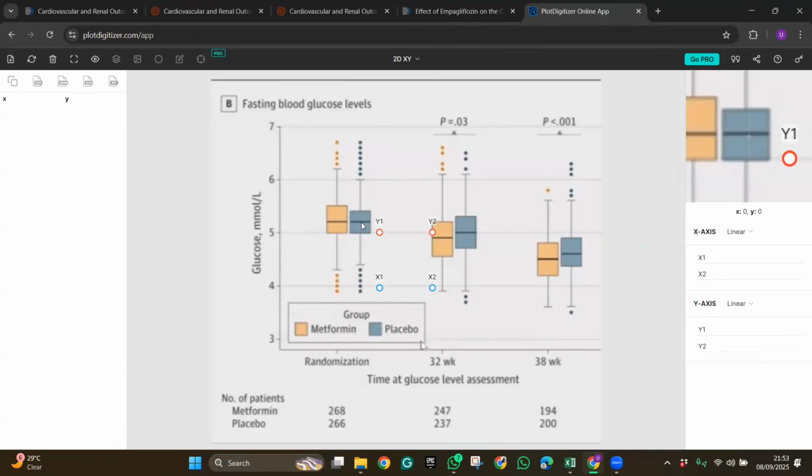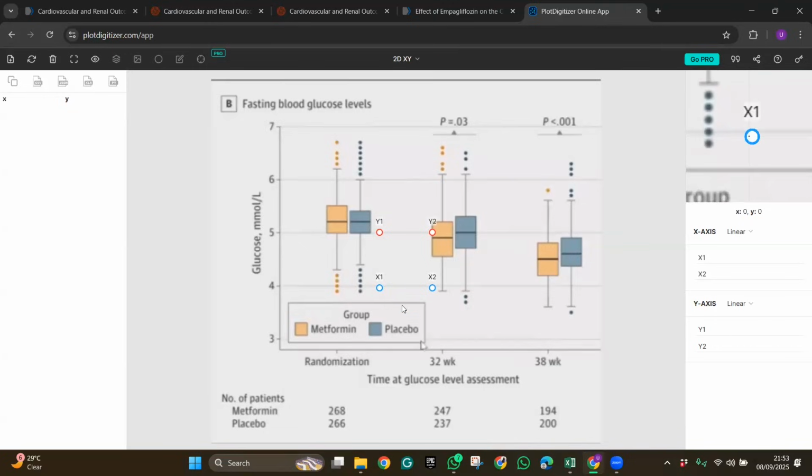Again, what am I gonna do next? I'm gonna do calibration. I'm gonna take the x1, x2. Can you guys see here I don't have any value for x? They have given me randomization, but this is not a numerical value, right? What numerical value do I have here? 32 and 38.